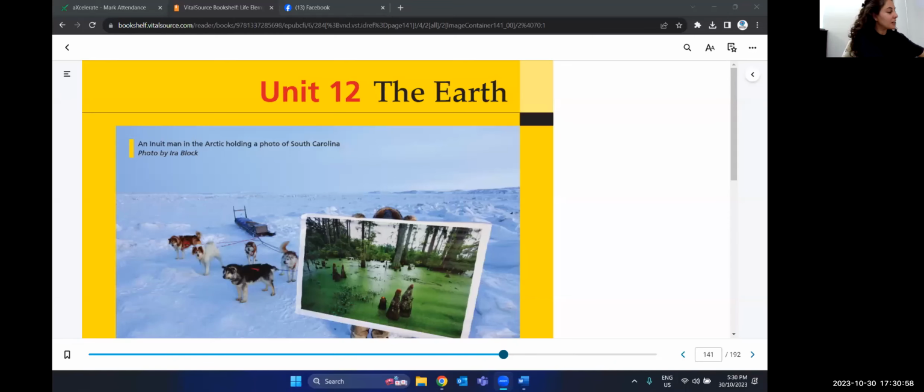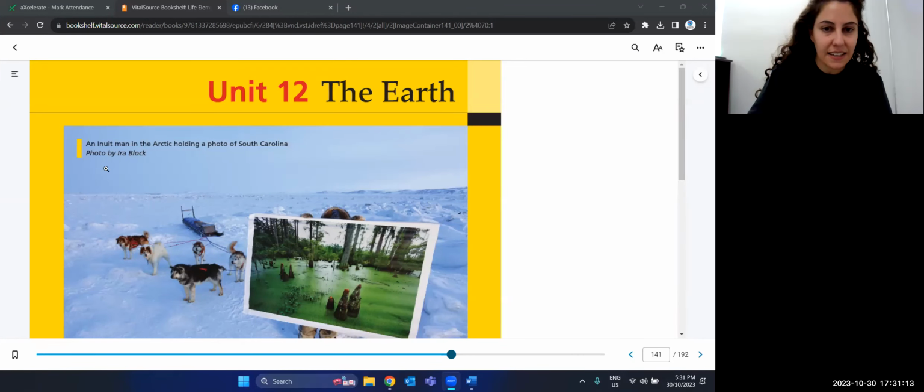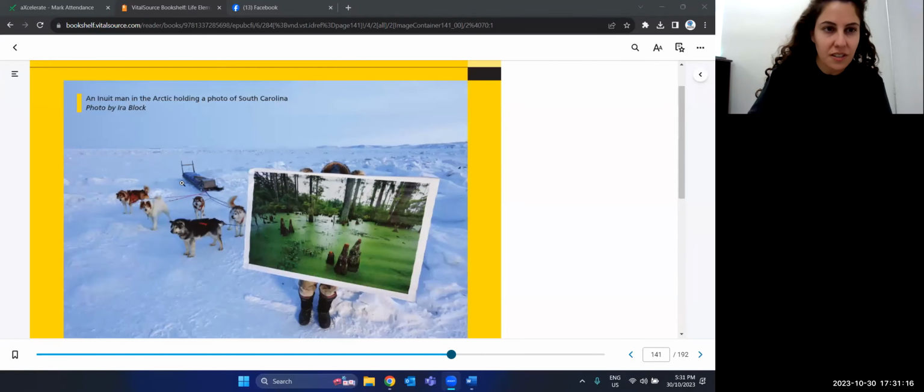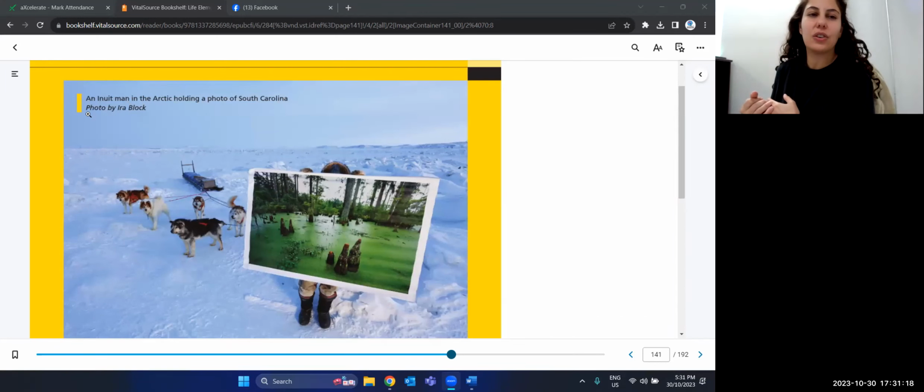Okay, good. So let's get into our textbook, Unit 12. We're on page 141. The title for this unit is called The Earth. I can see there are two images, two pictures, and it says Inuit man in the Arctic holding a photo of South Carolina.